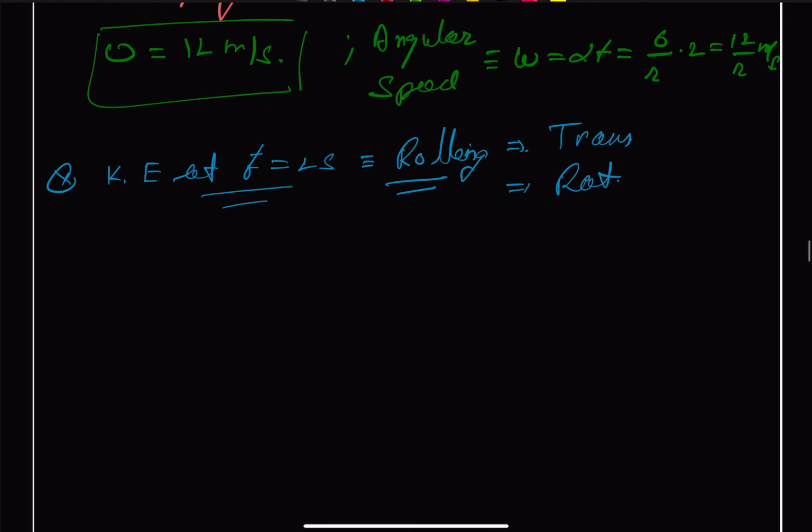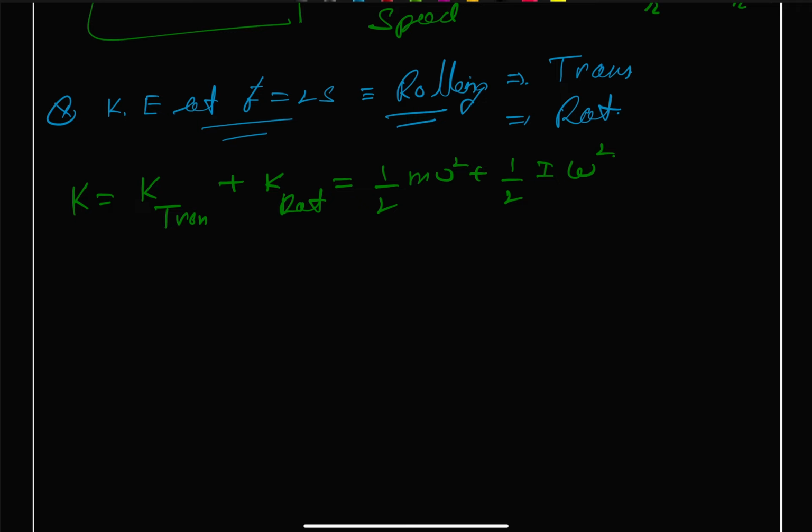Therefore kinetic energy K will be equal to kinetic energy translational plus kinetic energy rotational, which comes as half m v square plus half I omega square.